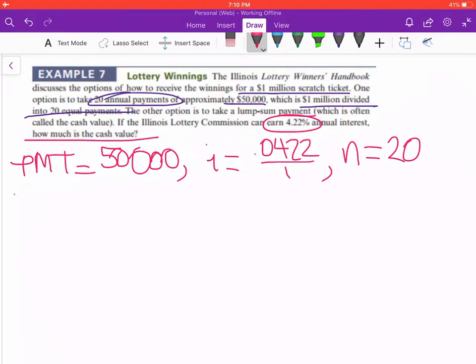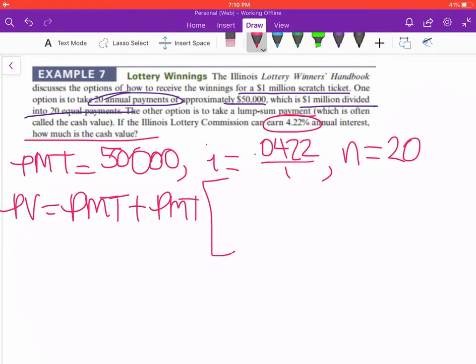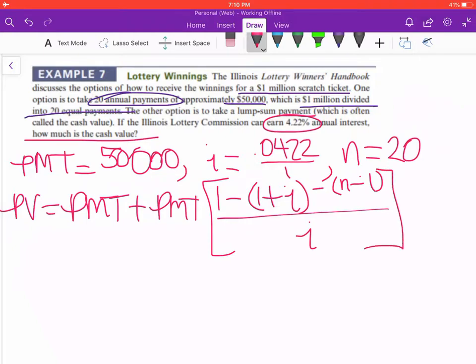So from here, to obtain the present value, we need the payment plus the payment times the bracket of 1 minus (1 + i) to the power of negative n minus 1, all of this divided by i, and we close the bracket.